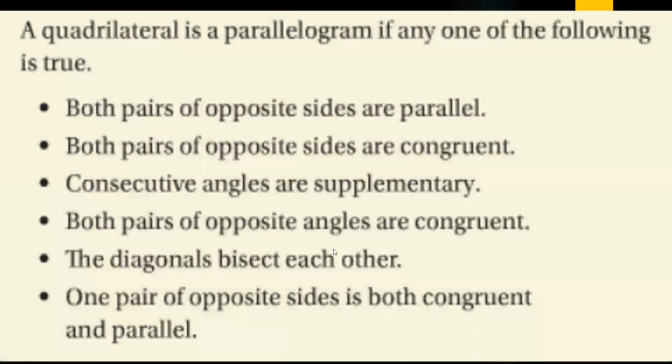So, a quadrilateral is a parallelogram. Now let's talk about the quadrilateral. It is a shape that has four sides. Let's talk about their properties. The first one, both pairs of opposite sides are parallel.